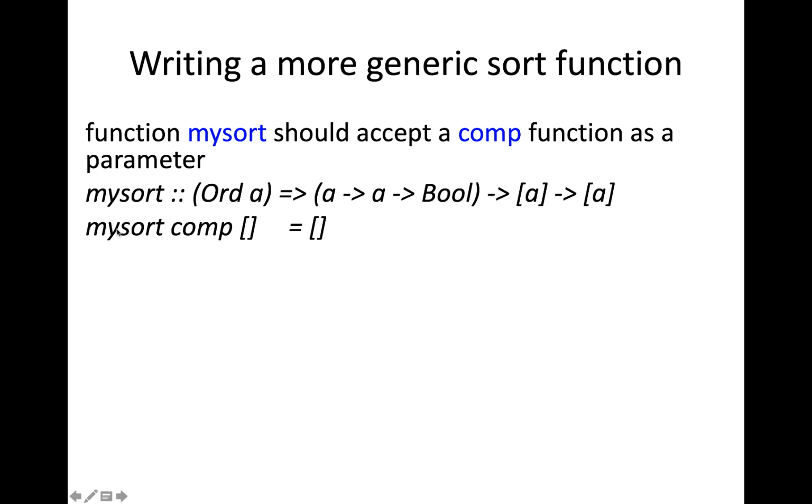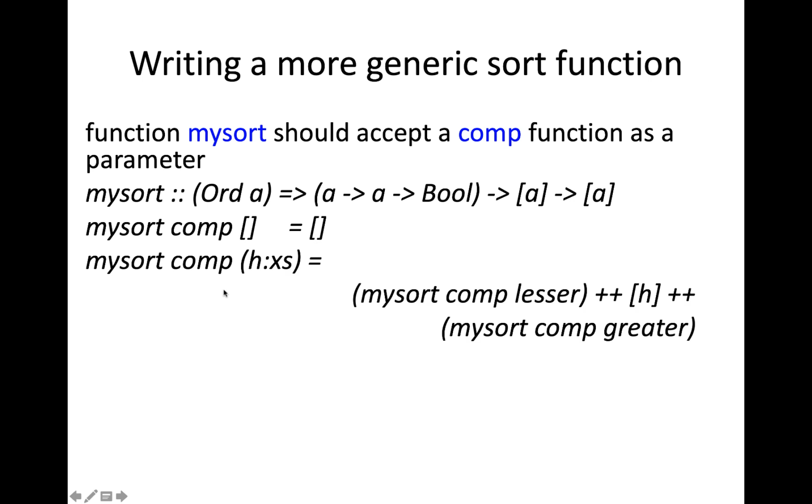mySort just can accept a comparison operation from outside, and then the second parameter is the same list. So when the list is empty, nothing to do, we can just output the empty list. Otherwise deconstruct the list in head and tail, and comp is the operation coming from outside, how to compare 2 items, right?